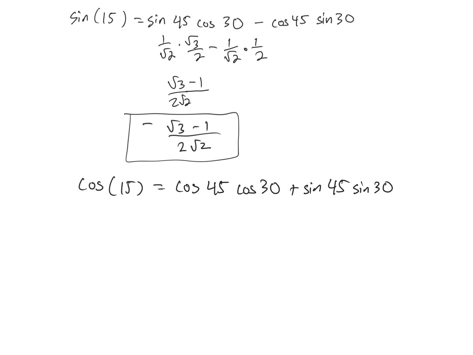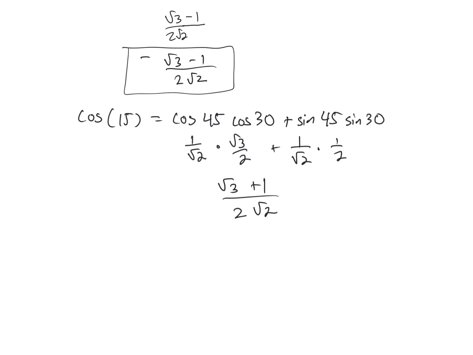So here, this is 1 over root 2 times root 3 over 2 plus 1 over root 2 times 1/2. So this is root 3 plus 1 over 2 root 2, like so. But always we are dealing with a negative. In the third quadrant, we keep in mind what's in the third quadrant. So this is negative root 3 plus 1 over 2 root 2.